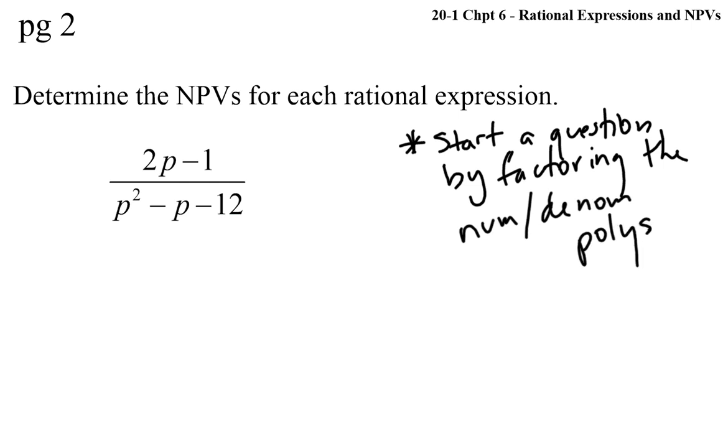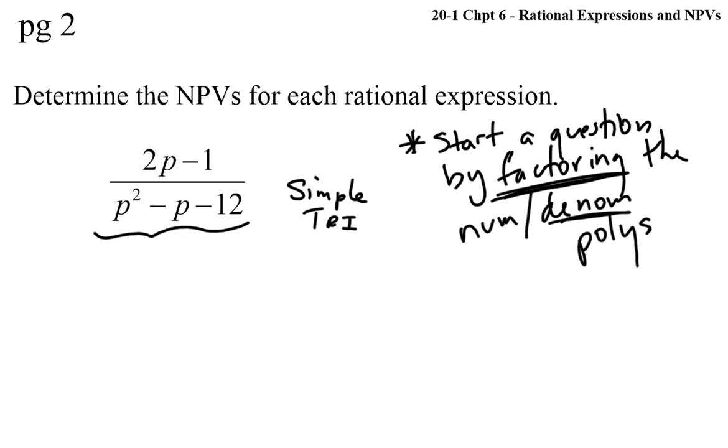But really for us right now, because we're worried about NPVs, it's only the denominator. So I want to start by factoring the denominator, p squared minus p minus 12. We did a great big review, and there's a video for it on factoring last unit. If you don't think you're finished with factoring because the radicals is done, because the quad equations was done, this rational expressions unit is factoring like crazy.